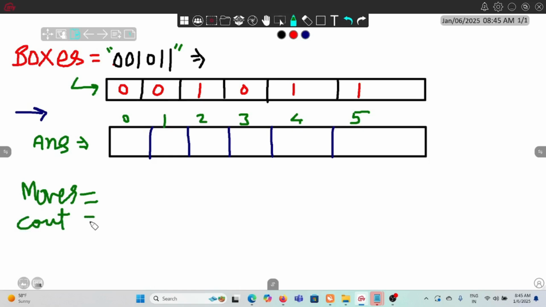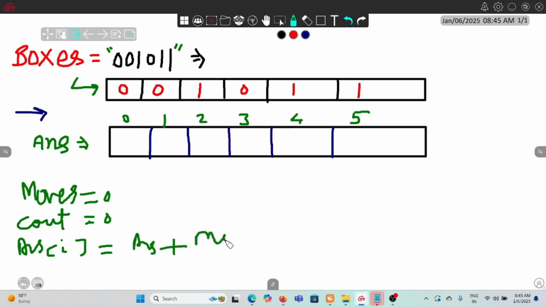Now initially moves is 0 and count is also 0, because when we are coming at the very first location there is nothing on the left side, right? So whatever is at this index, answer I, what we will do is answer I equals answer I plus moves, whatever is the moves we have.